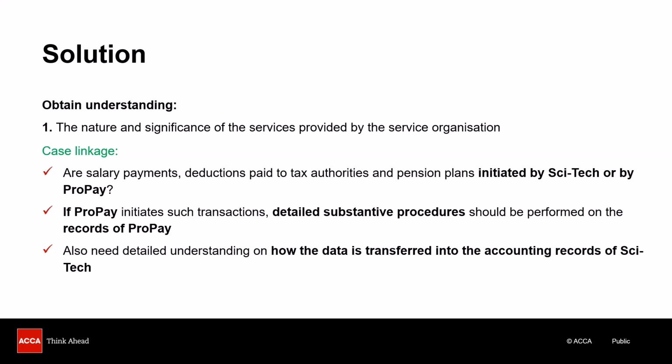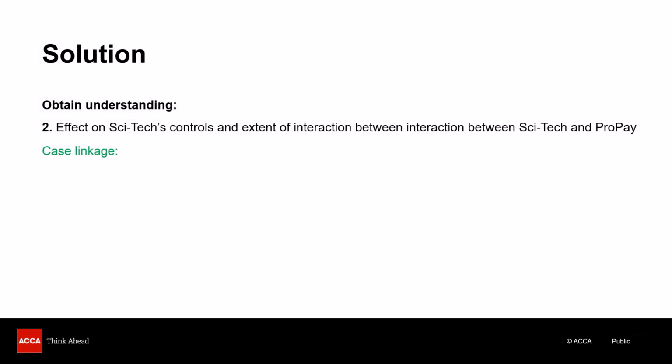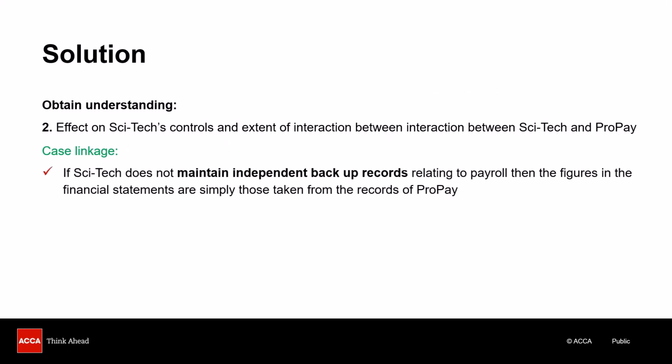We also need to find out how this data is transferred to my audit client. Remember, if SciTech does not have any records, then all the work has to be done on the service organization's records.